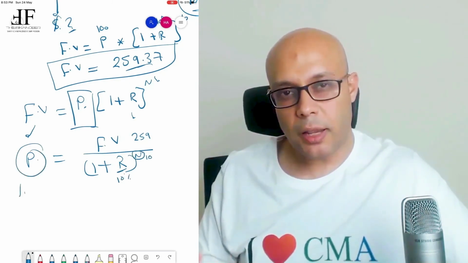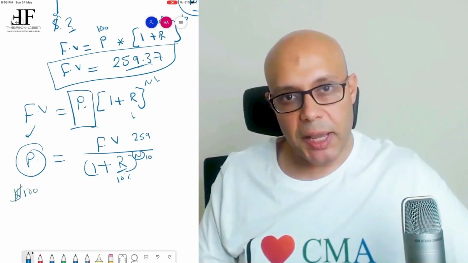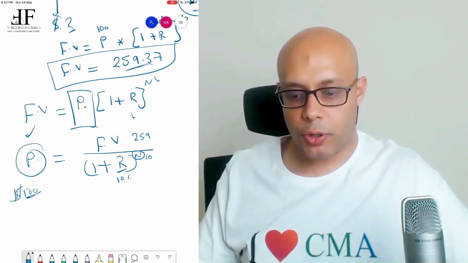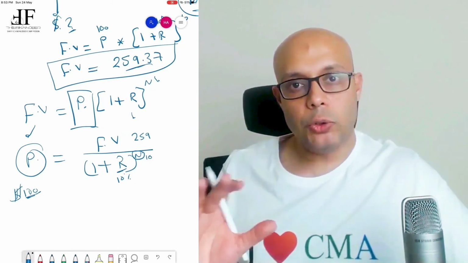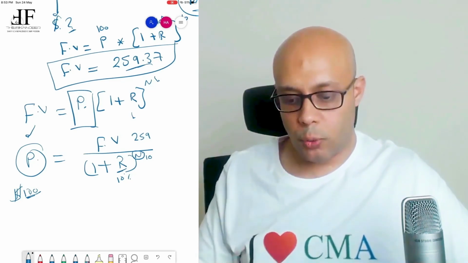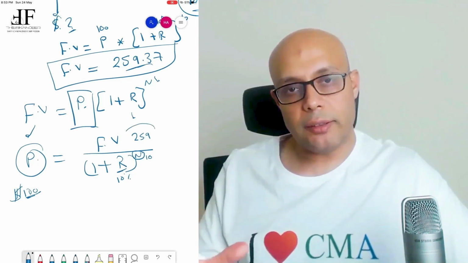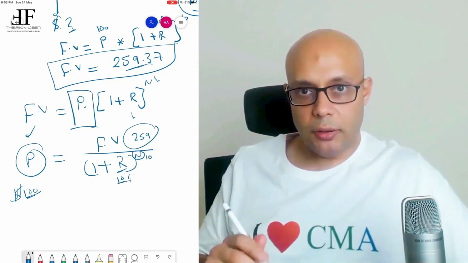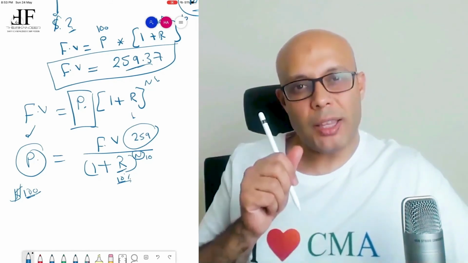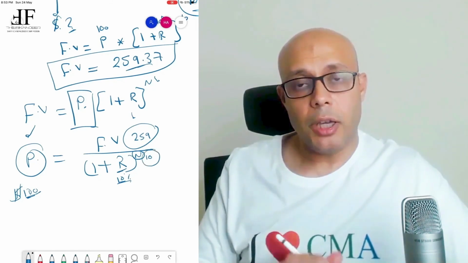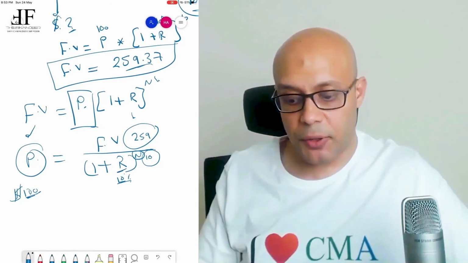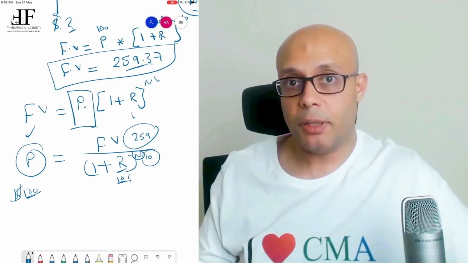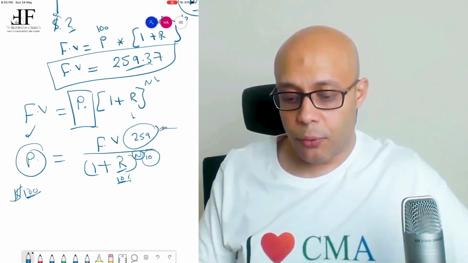How can we use it? Let's understand it in a different way. Say you know the amount that you need to receive in the future, 259, and you know the interest rate the bank agreed to give you, which is 10%, and you know you are going to keep it for 10 years. You need to calculate how much I should deposit today in the bank in order to receive a specific amount in the future, maybe to pay an installment, maybe to purchase a building, or anything else.